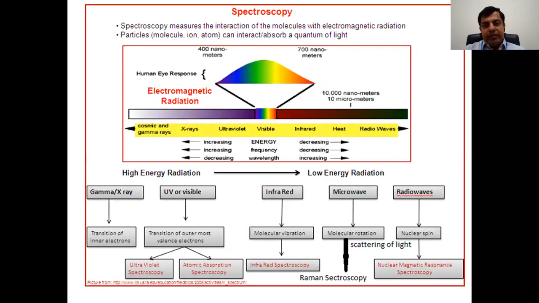Actually, why have I discussed all these motions? Because these vibrations are the basis of spectroscopy. And what is spectroscopy? Spectroscopy measures the interaction of molecules with electromagnetic radiation. What it measures is the spectra, and spectra come from the interaction of electromagnetic radiation with the molecules or atoms. These interactions can be different: they may lead to electronic transitions, translational motion, vibrational motion, or rotational motion.